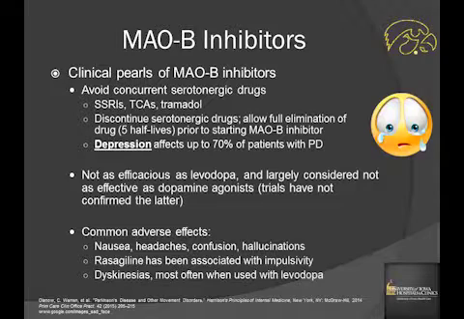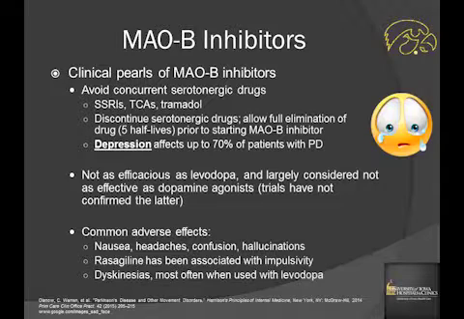The MAO-B inhibitors have not been shown to be as efficacious as levodopa, and they're largely considered not as effective as dopamine agonists, although trials have not confirmed that. Trials have largely shown that they're pretty similar to the dopamine agonists, but there's no debate that they're certainly not as effective as levodopa. And again, they cause very similar side effect profiles as the carbidopa-levodopa in that they cause nausea, headaches, confusion, hallucination.